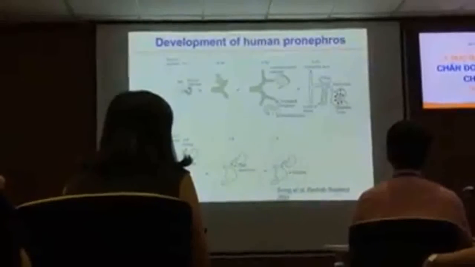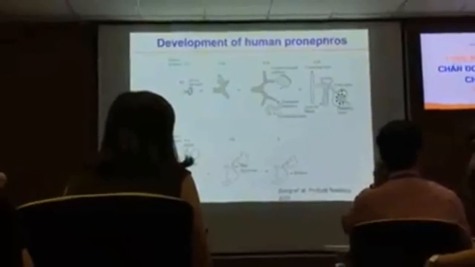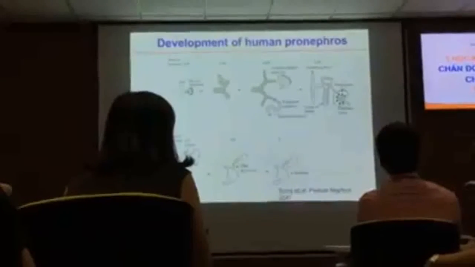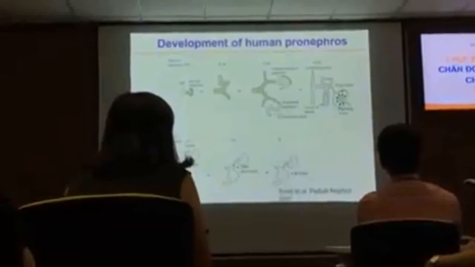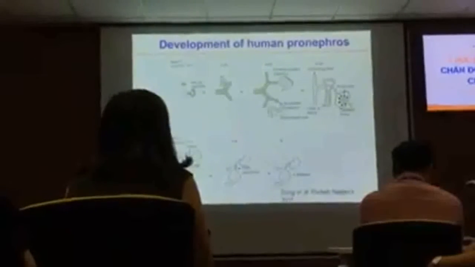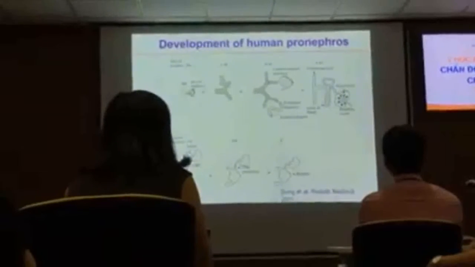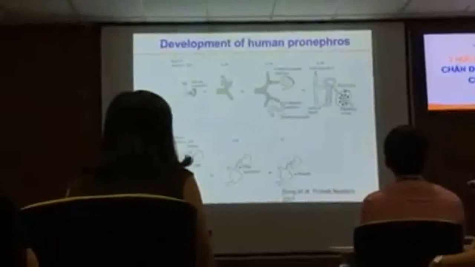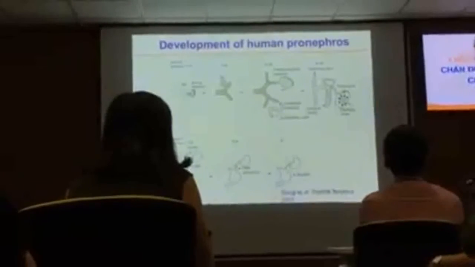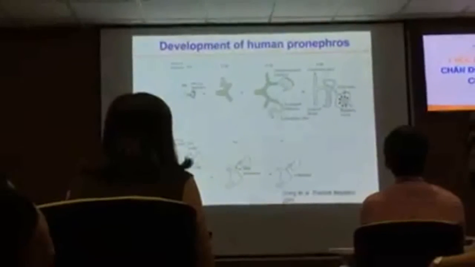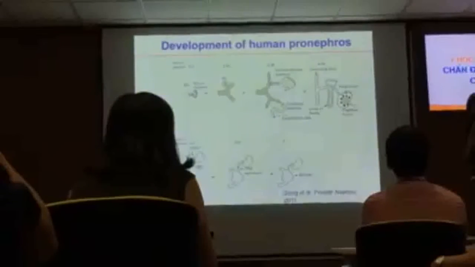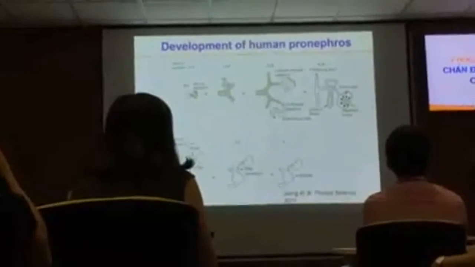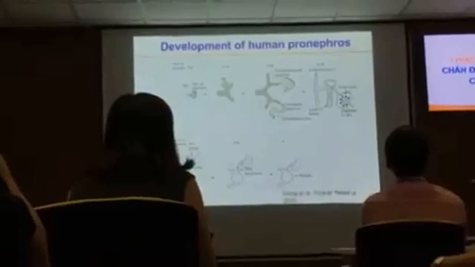This is published from 2011 Pediatric Nephrology. At 5 to 6 weeks, you can see the urinary bladder budding. Then this is the right side kidney. Then the common shape of the nephron, the S shape of the nephron, and the endothelial cell.